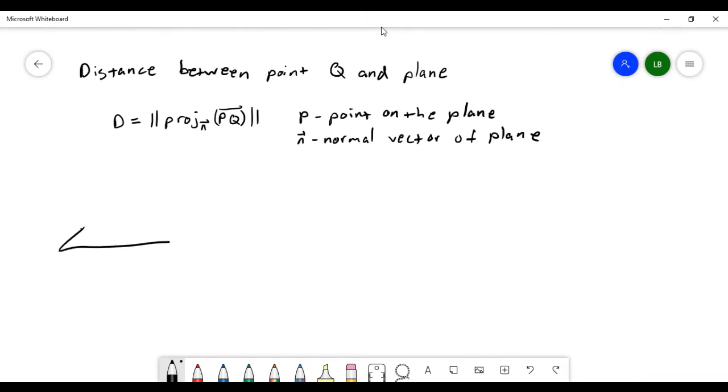This formula really comes from, oh gee, my pictures are just getting progressively worse.